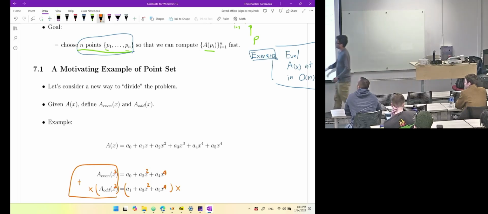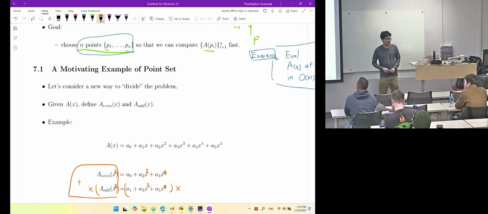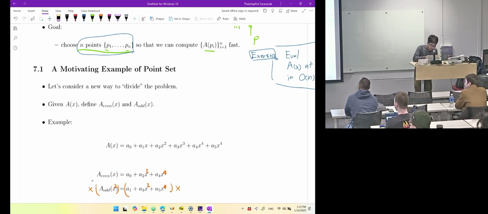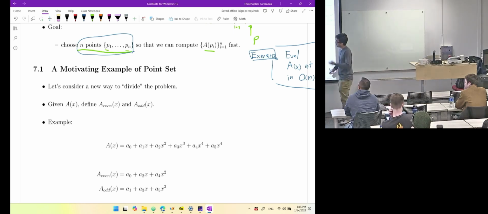I have A, and I collect all the even coefficients and write them down as a polynomial of half the degree.